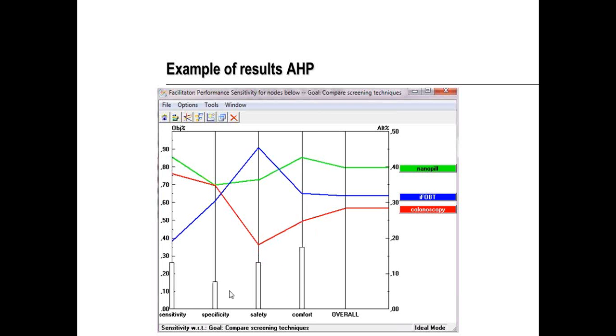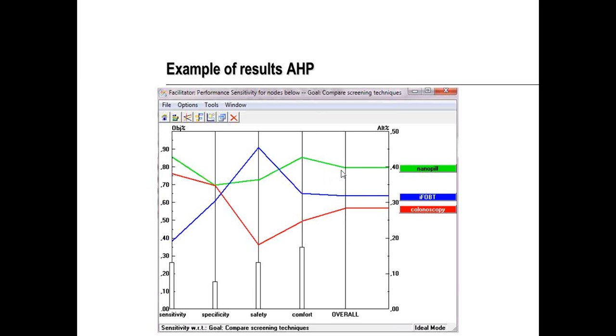So this means if you look at the importance of the criteria and how well the alternatives score on all these different criteria, here you can see the weighted average. And for the weighted average, it suggests that the nanopill is the technology most preferred according to this group of decision makers, followed by the FOBT test and the colonoscopy.